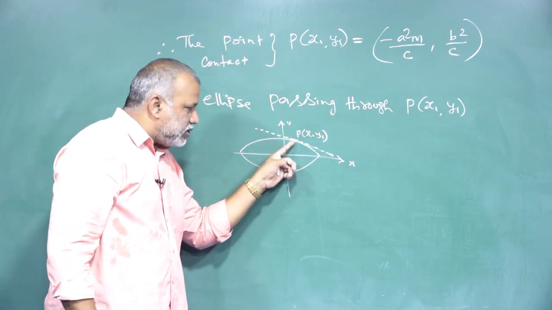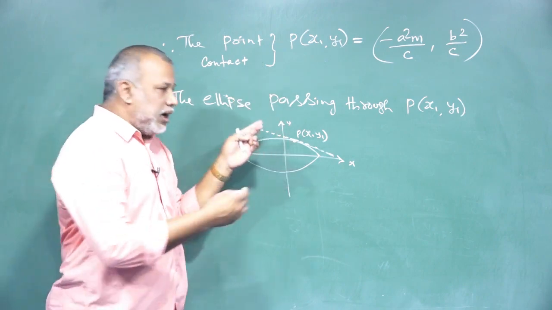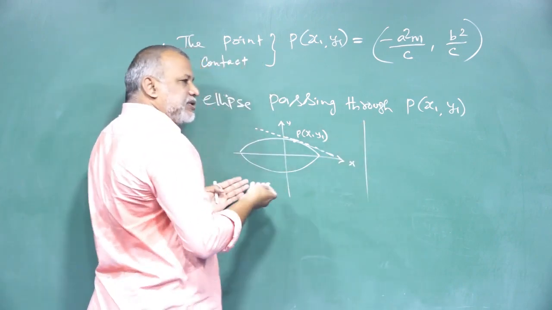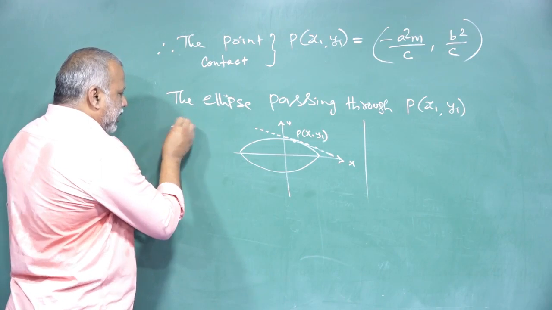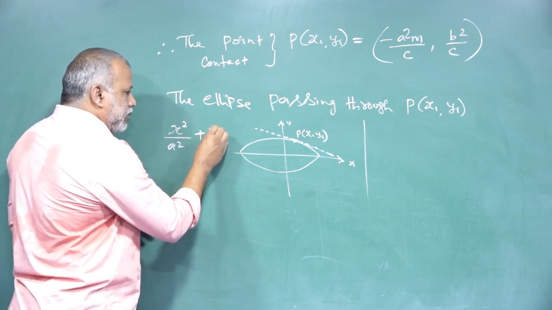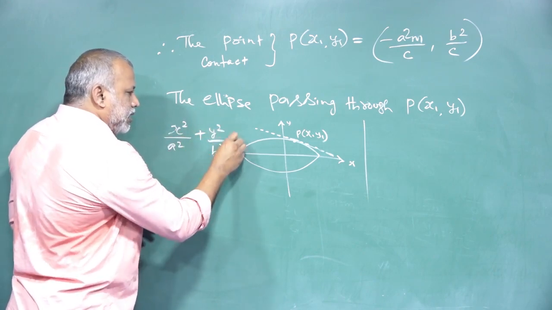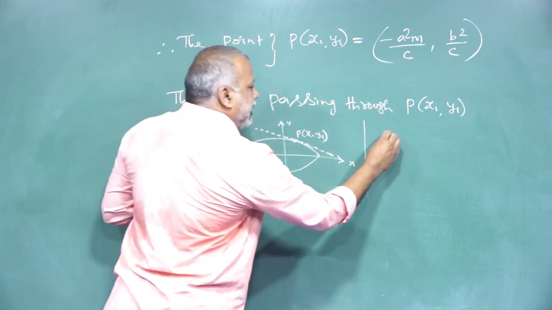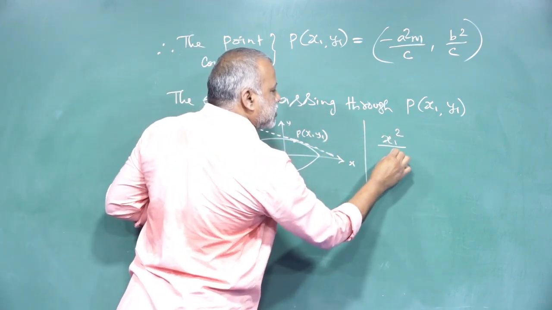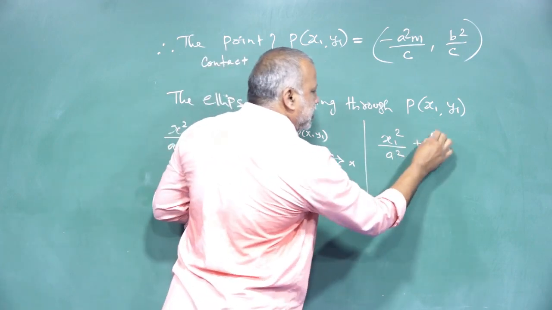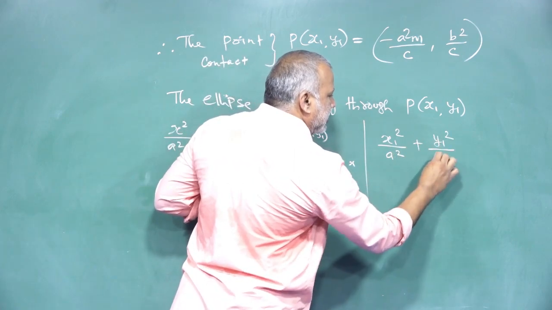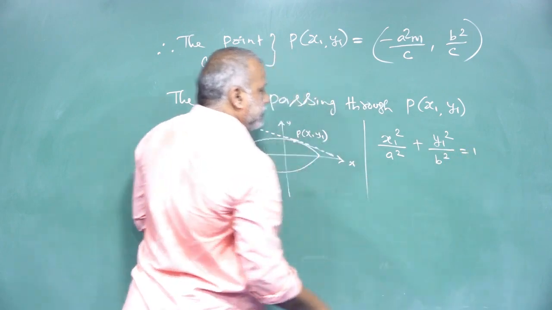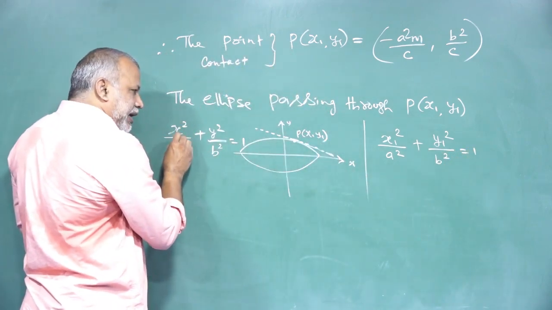That means this is the point of contact. Now what is the equation of the ellipse? We are selecting x squared by a squared plus y squared by b squared equal to 1. Instead of this, it must be replaced by x1 squared by a squared plus y1 squared by b squared equal to 1.